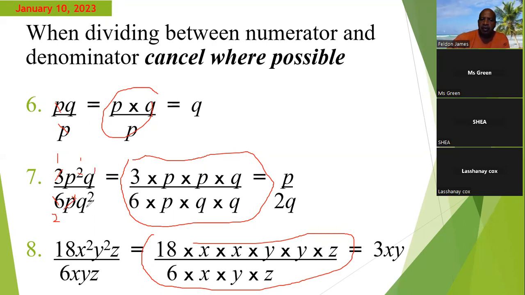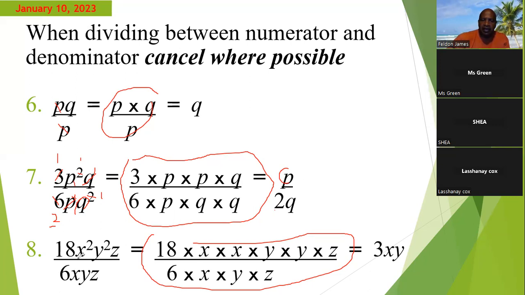Above you have q to the power 1, down below you have q to the power 2. You take away 1 from 2 down here, you're left with 1. So all of this cancels out. Now when you look at what remains, this p to the power 1 remains, which is the same as p. Down here you have this 2 and this q to the power 1, which is the same as just 2q.